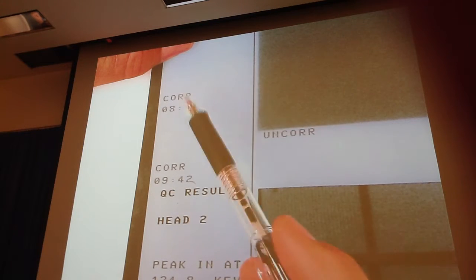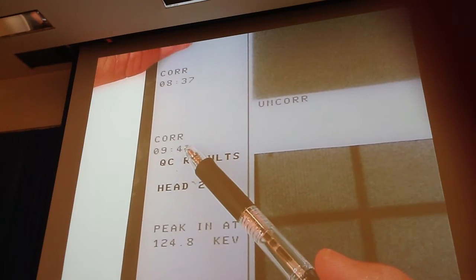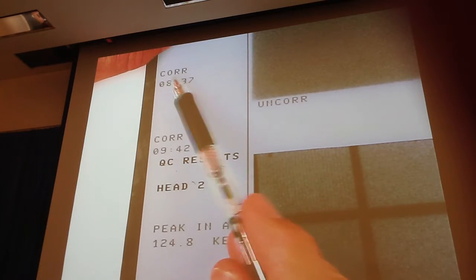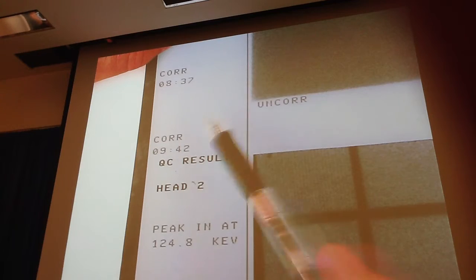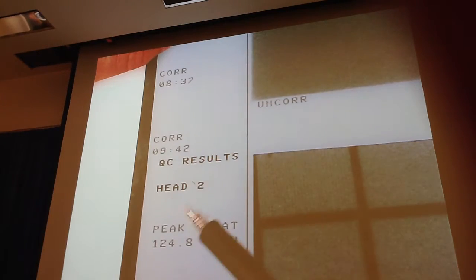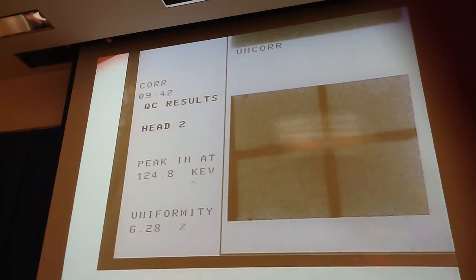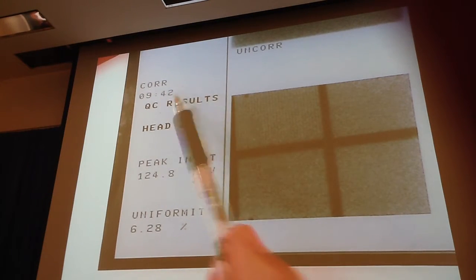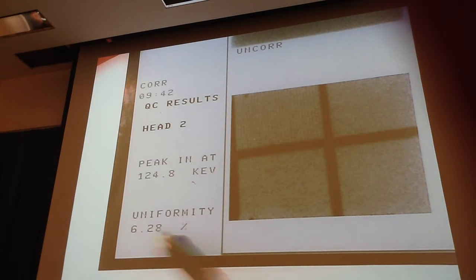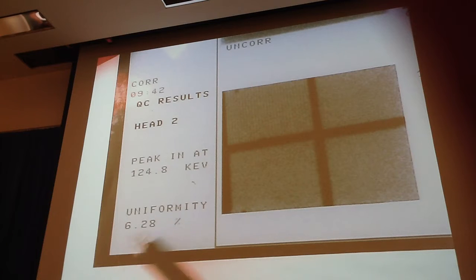Okay? This is the differential, this is what they call the integral correction here. Remember, differential looks at the entire gamma camera face, integral looks at the ones in the center field of view.